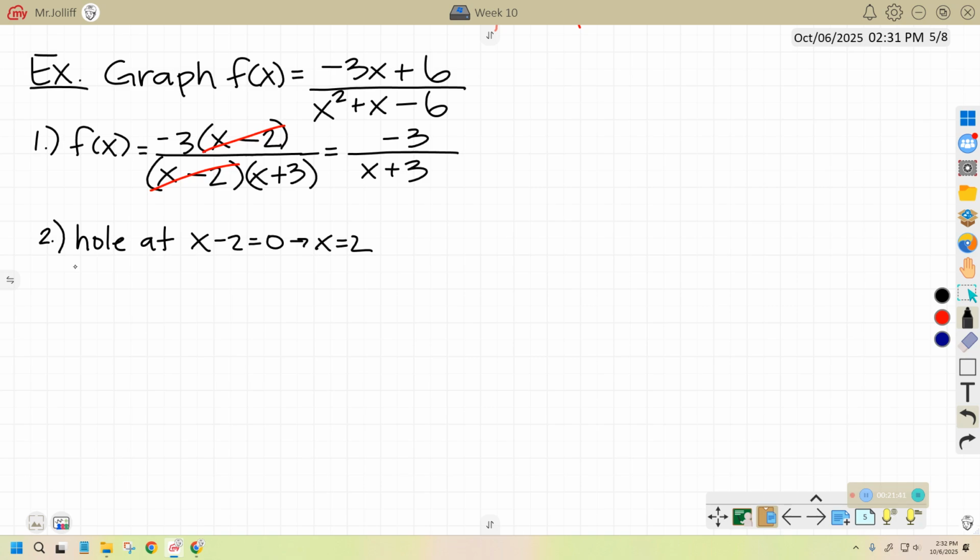Vertical asymptotes. Julie, how do I find my vertical asymptotes? How do I find my no-no zones? Okay, and then what do I do with it?